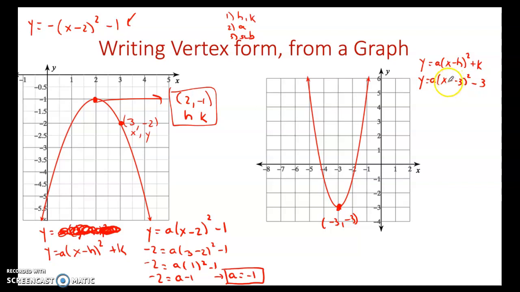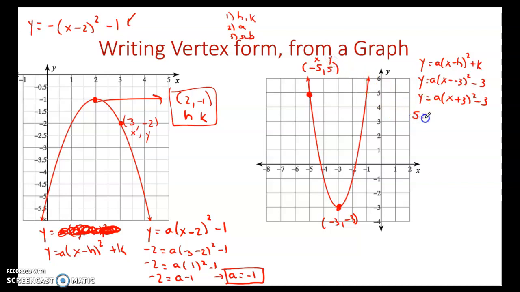So that's really y equals a times x plus 3 squared minus 3. Now we have to solve for a. Pick any point on the graph. This looks nice. Nice integer. And this is -5, 5. Plug that in. So this is my x, and that's my y.